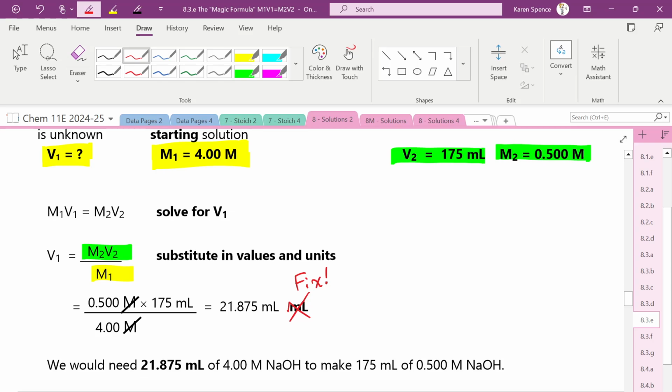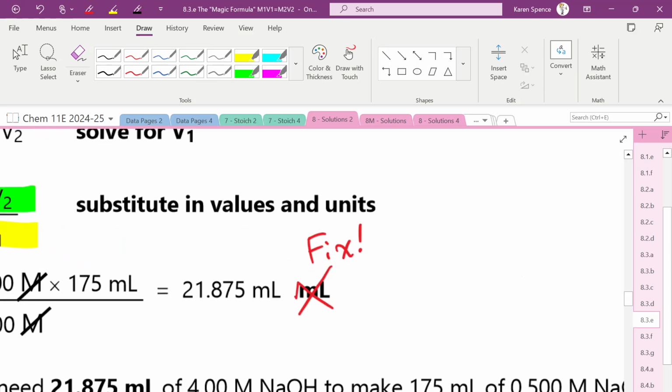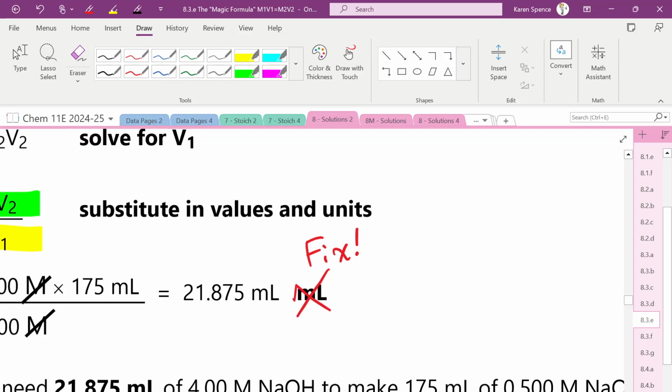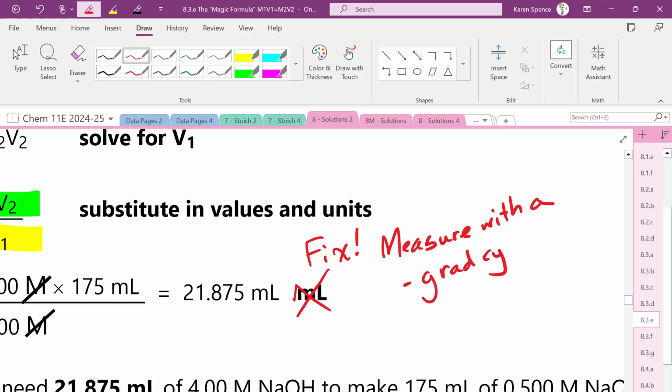What would you use to measure out your 21.875 milliliters? What might be a good choice to measure that out? You could use a graduated cylinder. Any other choices?